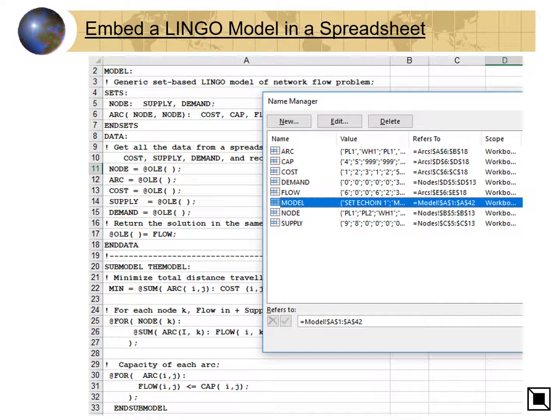So a couple of nice features to this approach: as far as the user is concerned, it just looks like a spreadsheet model. They can pass the spreadsheet around, and the LINGO model goes with it.